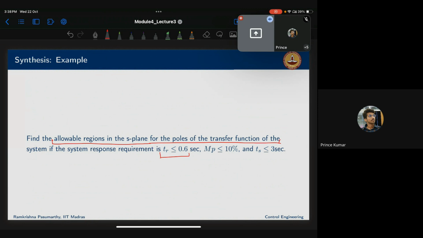Rise time less than or equal to 0.6 seconds, the peak overshoot is 10%, the settling time is 3 seconds. So this is the design question. You need to find this allowable region on the S plane so that you satisfy this.